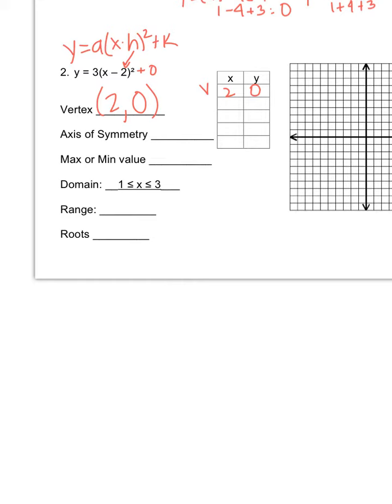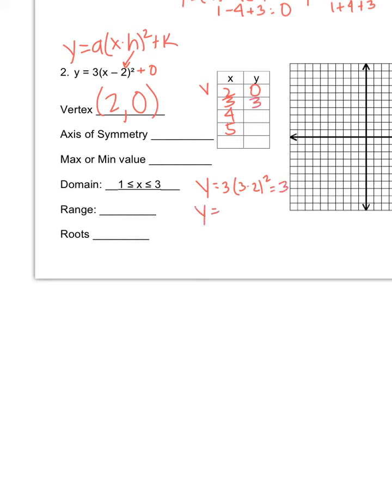Okay, so then we'll choose 3 consecutive x values, so that will be 3, 4, and 5, and then we'll plug in. So that's going to be y equals 3 times (3 minus 2) squared. So that'll be 1 inside the parentheses, squared is 1, so that would just equal 3.